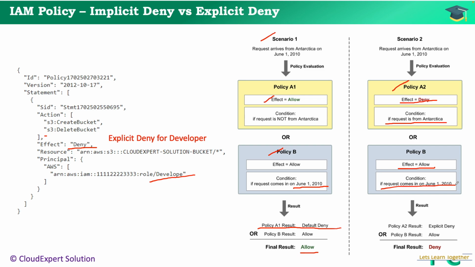Now to summarize, if in any one of your policies or policy segments there is an explicit deny, it will take precedence over implicit allow or explicit allow. Even if there is an explicit allow, explicit deny takes precedence and the final result will be denied. I hope that clarifies the concept.